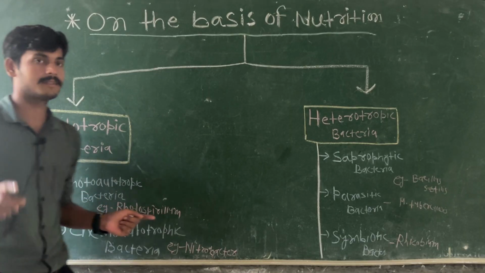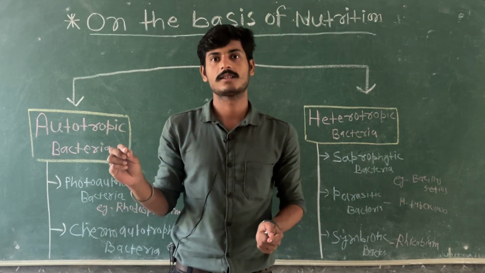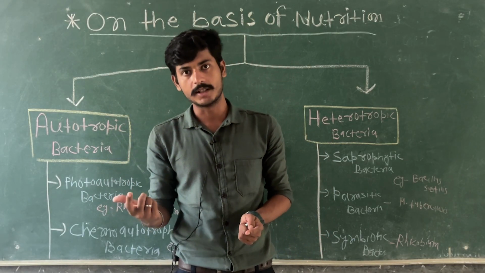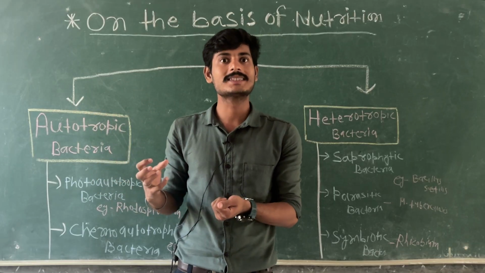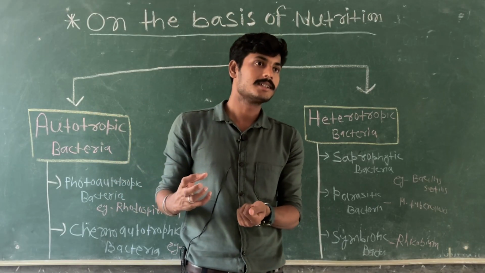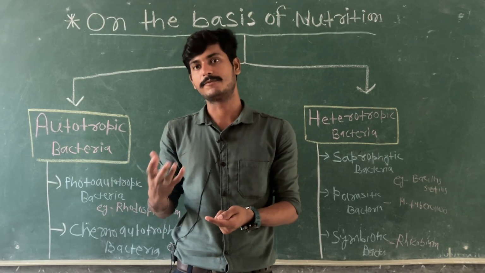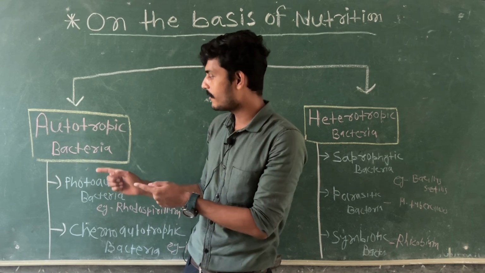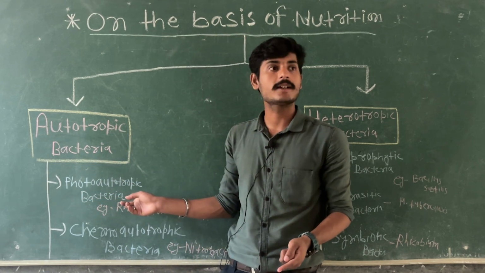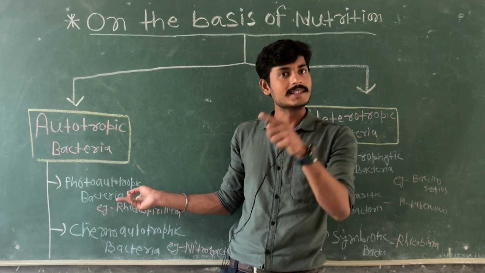And the plant also needs one pigment, called chlorophyll. Chlorophyll helps to absorb the sunlight, and through the sunlight they prepare their food, and that is called photosynthesis. In the same way, bacteria also have a pigment, and in the same way they perform photosynthesis.